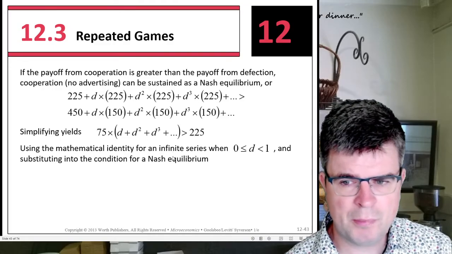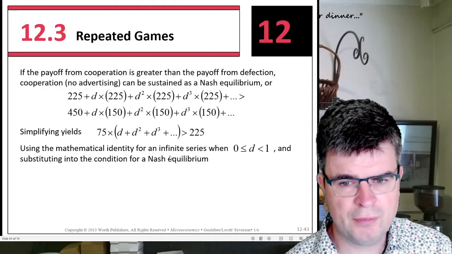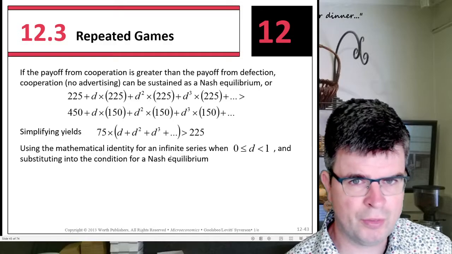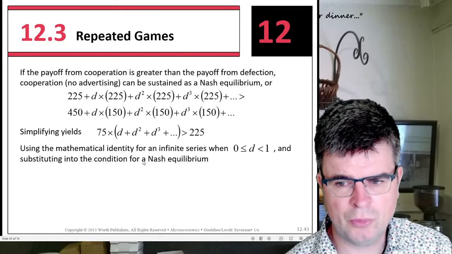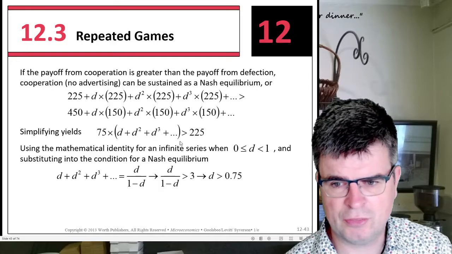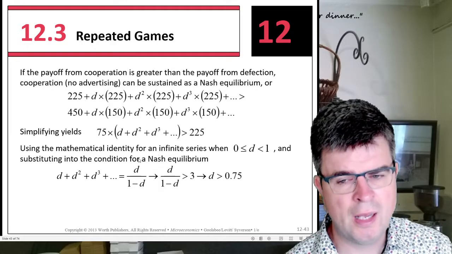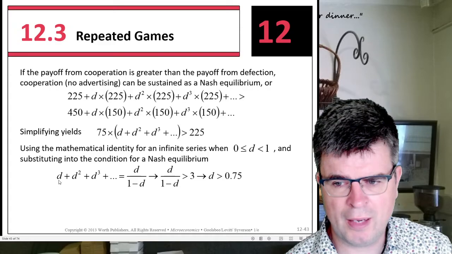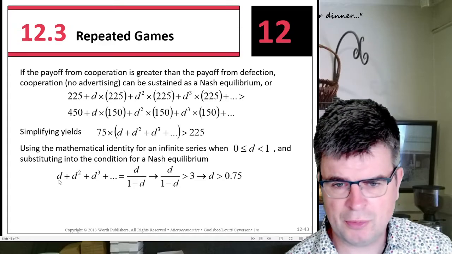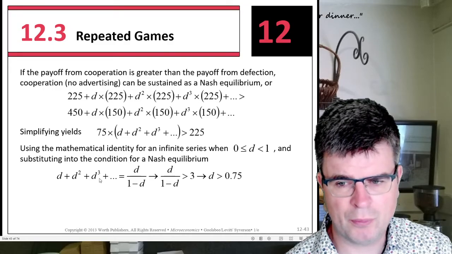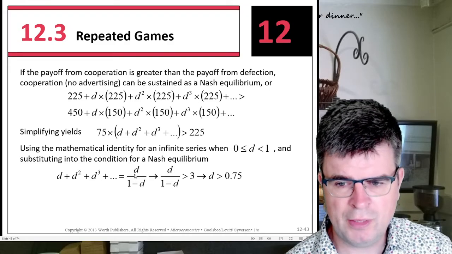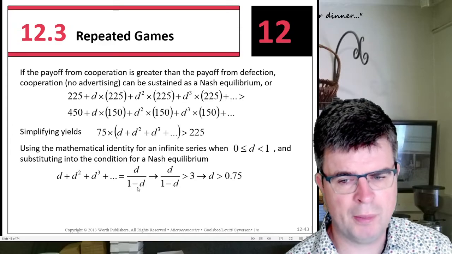And now we can use the mathematical identity for an infinite series for values between 0 and 1 and substitute this into the condition for the Nash equilibrium that is given here. This identity is that if you have a d between 0 and 1 and you have d plus d squared plus d to the power 3, and so on, then you can rewrite it as d over 1 minus d.